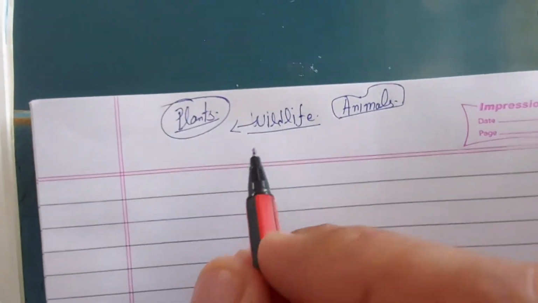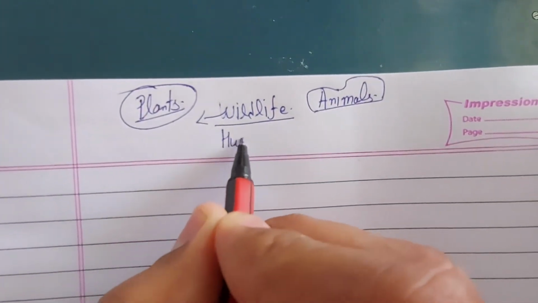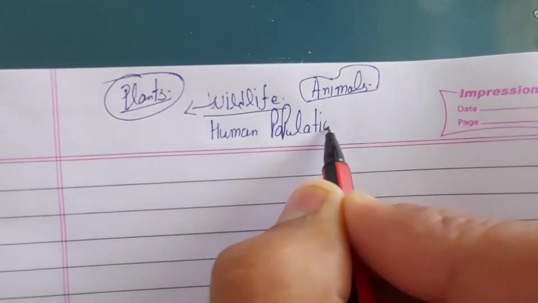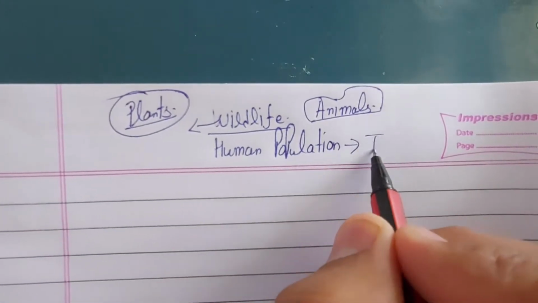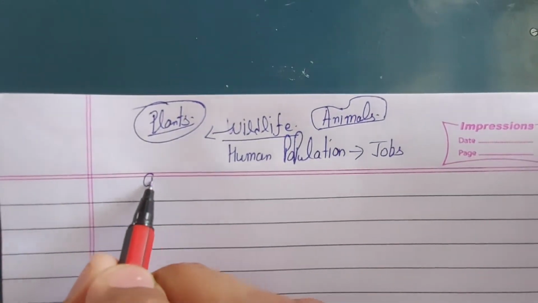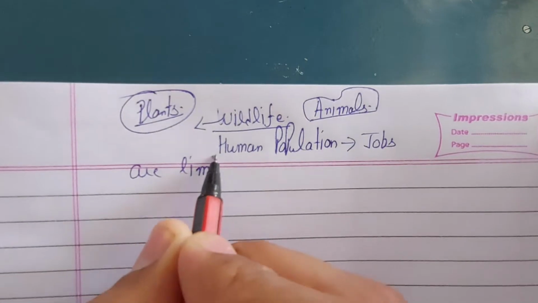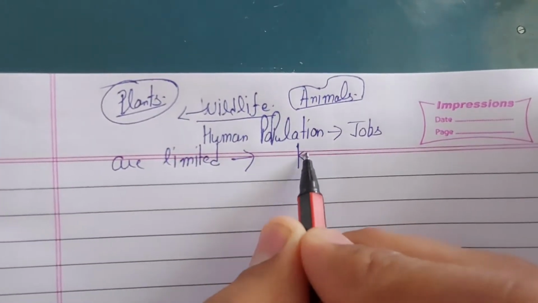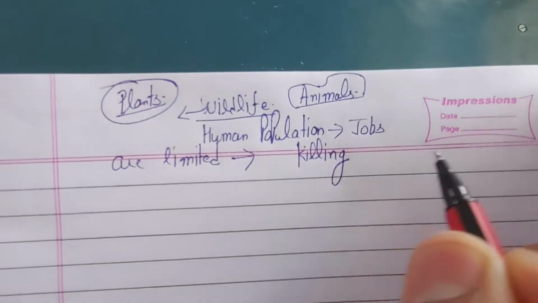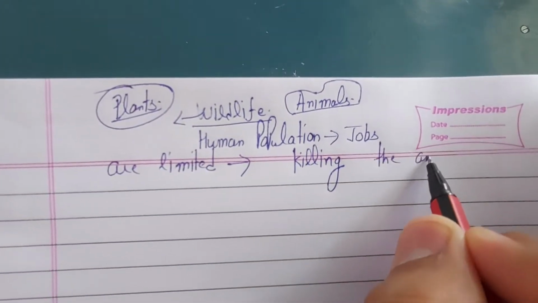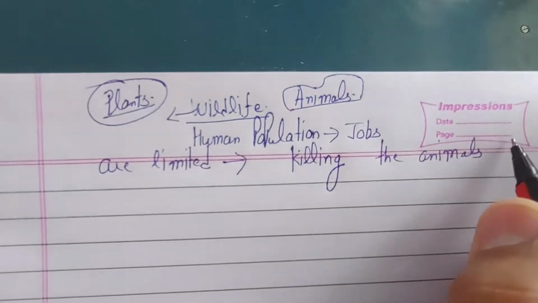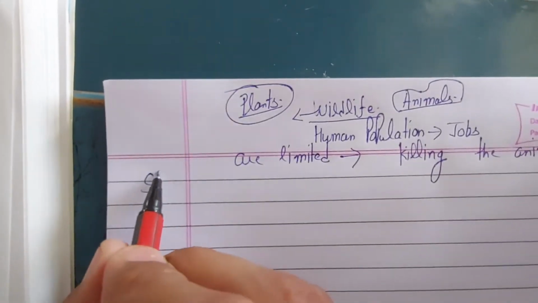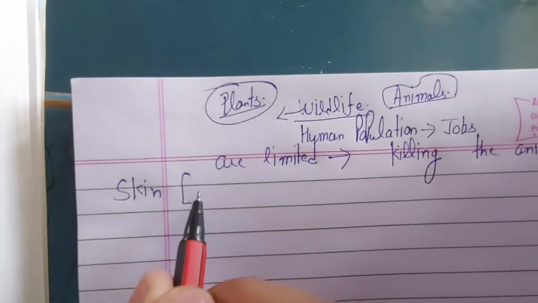You now know that the human population is increasing day by day and jobs are very limited, and for money-making purposes humans are killing animals, for their skin. They sell the skin, and it is used to make so many products.